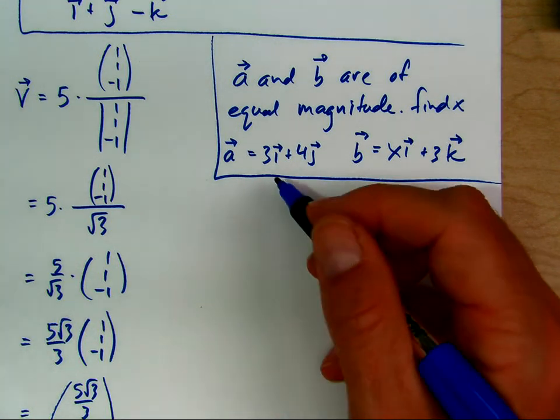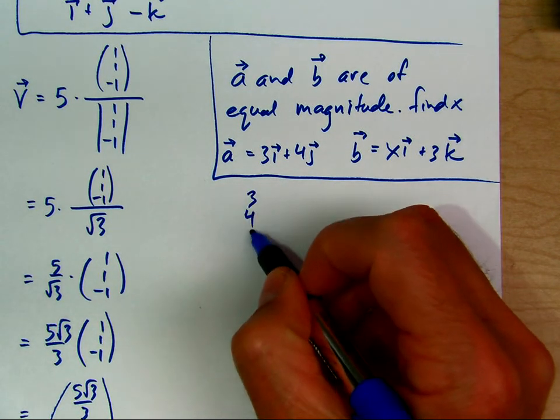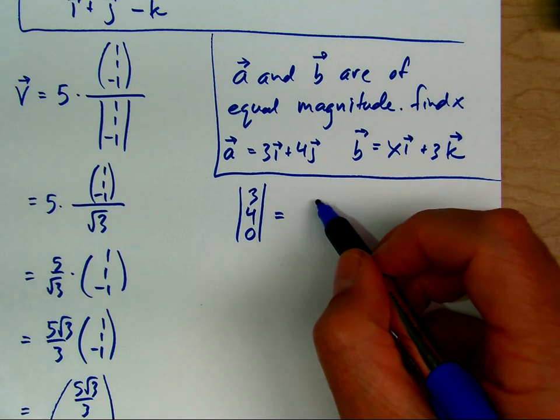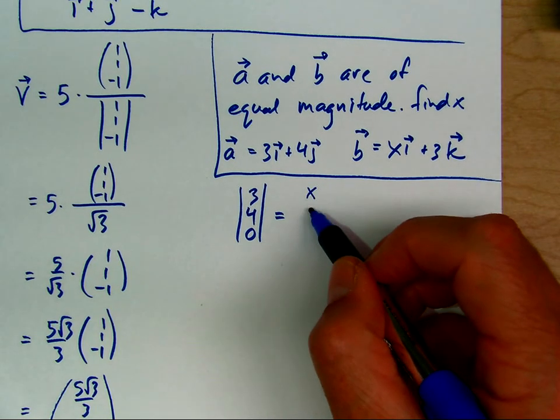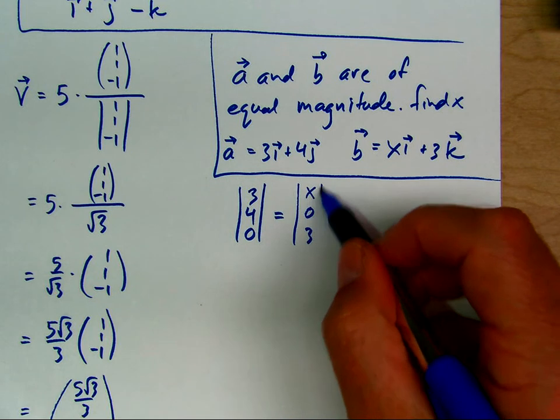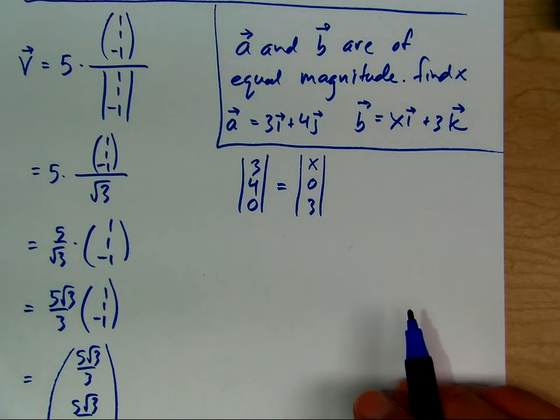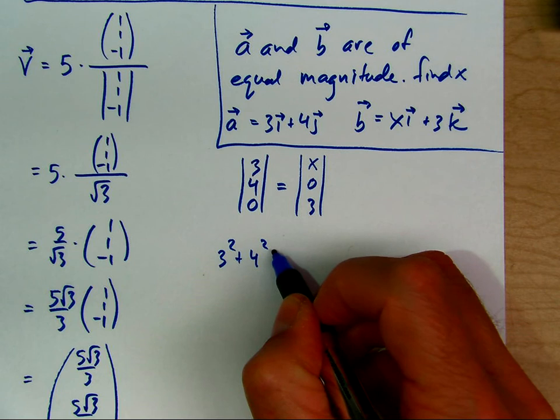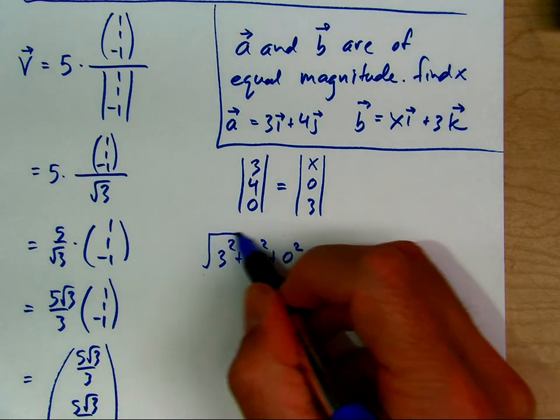So if we have 3, 4, 0, the magnitude of that is equal to the magnitude of x, 0, 3. Then we can just square everything. Square root.